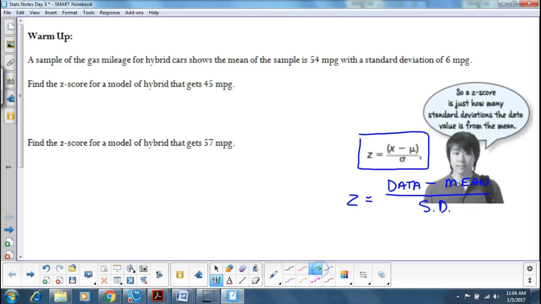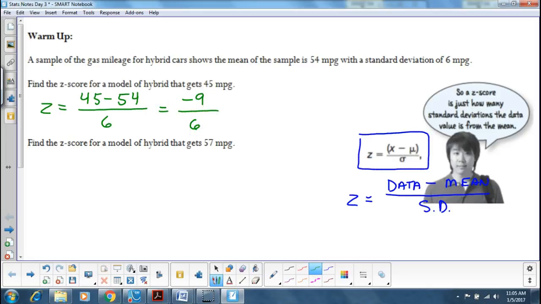So my z-score up here then would be 45 is my data, minus 54 was the mean, all divided by 6 is the standard deviation. 45 minus 54 is negative 9.